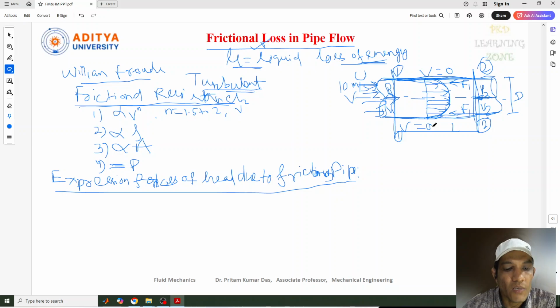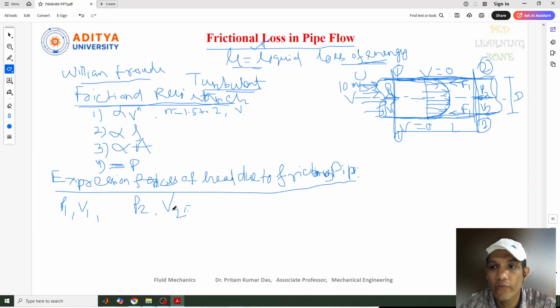To derive this expression we need to consider a few things. P1 is the pressure intensity at section 1, V1 is the velocity at section 1, and similarly P2 is the pressure intensity at section 2, and V2 is the liquid or fluid velocity at section 2.